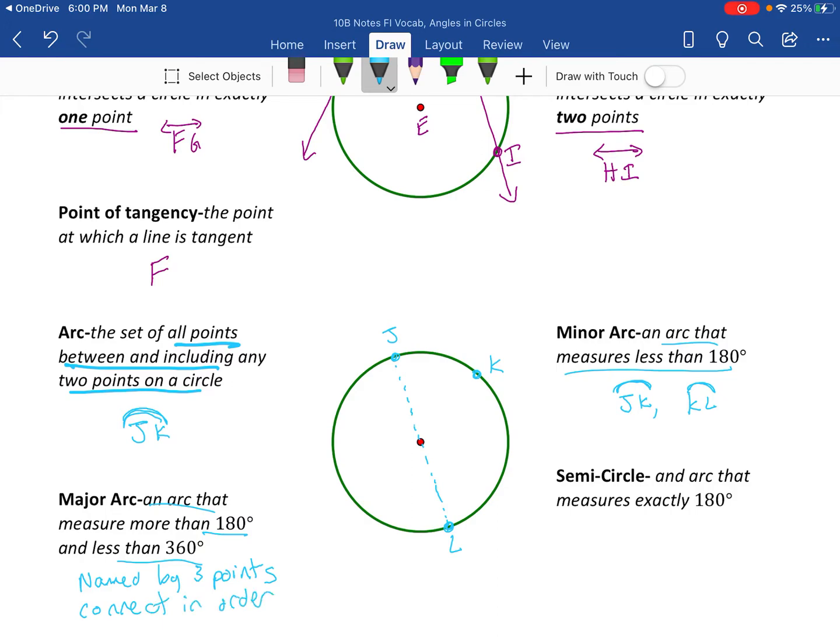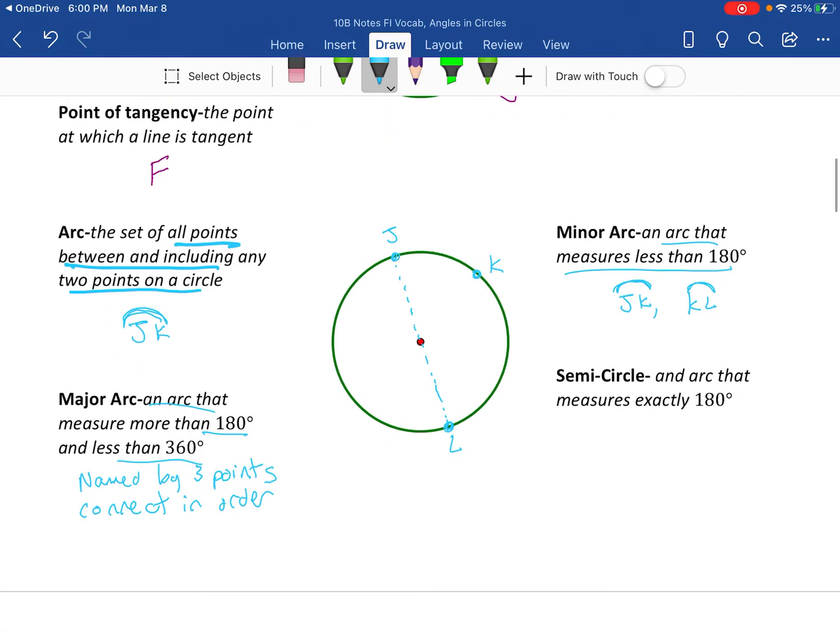That'll come more into play as we go through these notes. So a major arc would be if I went from J to L to K. I would say JLK is a major arc because it's greater than 180 and less than 360. I could not call that JK because arc JK would be the distance from here to here.